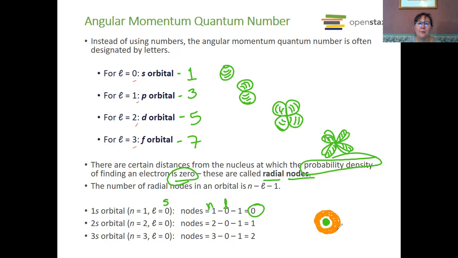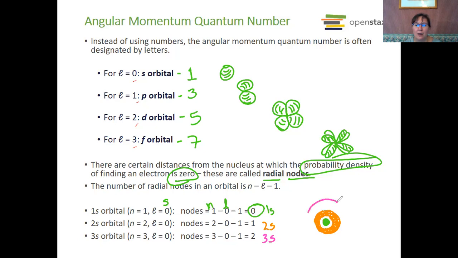Green eggs and ham. Okay, and then so this first one is 1s, and then the second one is 2s. See how there's one node in the 2s, and you can see kind of that dead space in there. And then the last one would be 3s.